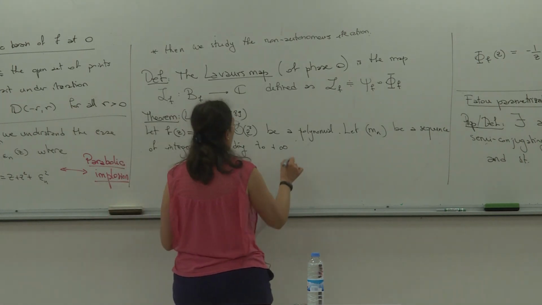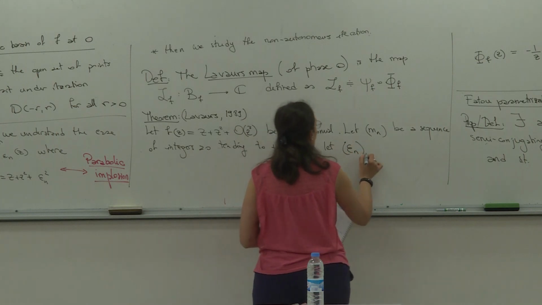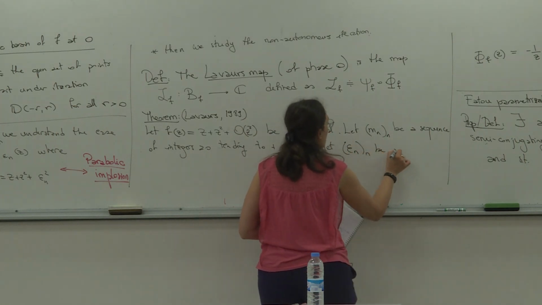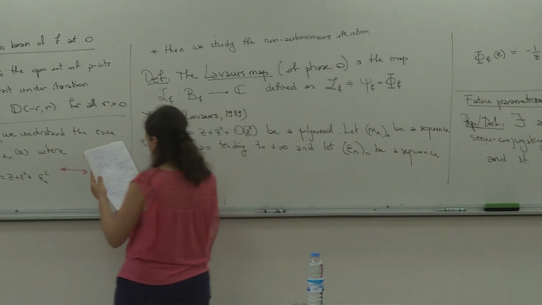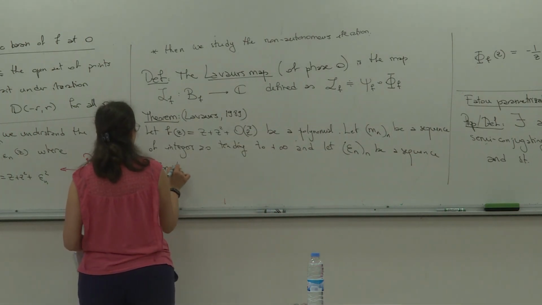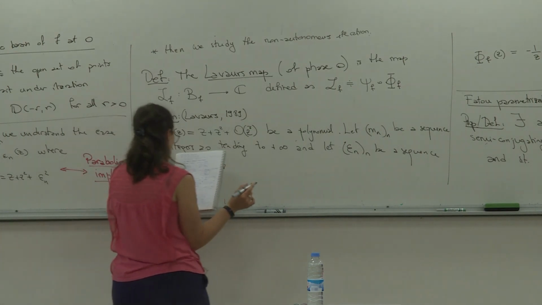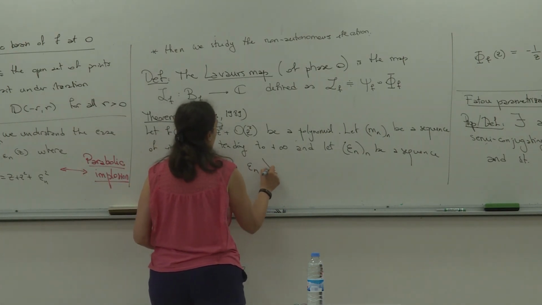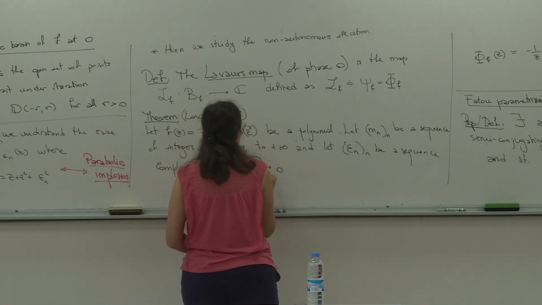And let epsilon n be a sequence of complex numbers tending to 0 as n tends to infinity.